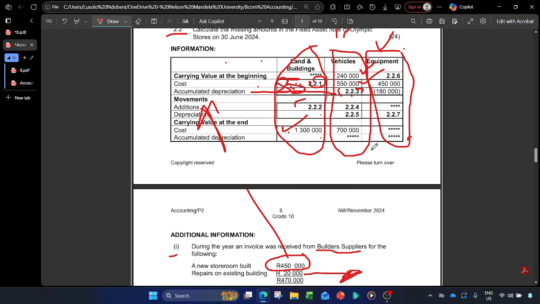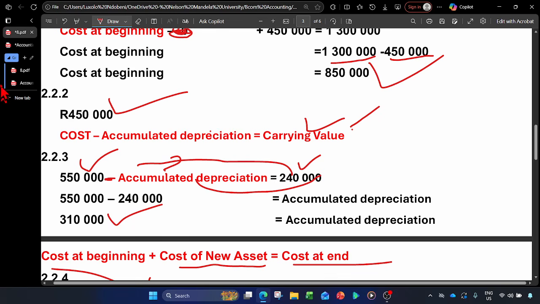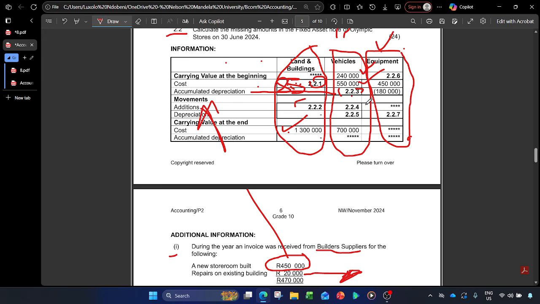Sorry, where are we? We already calculated 2.2.3. Oh, it's 2.2.4, which is the additions. Okay, interesting. So we have the cost at beginning, right? 550,000 of the vehicles. We have the cost at the end is what?